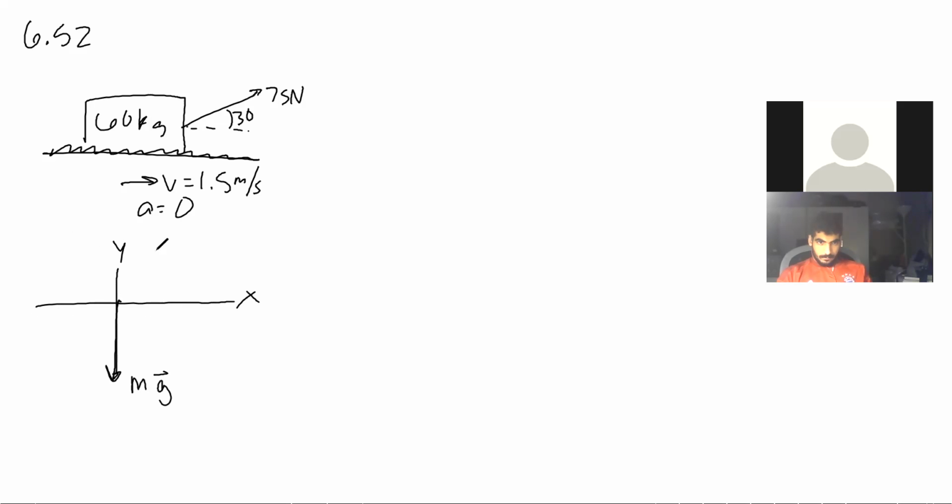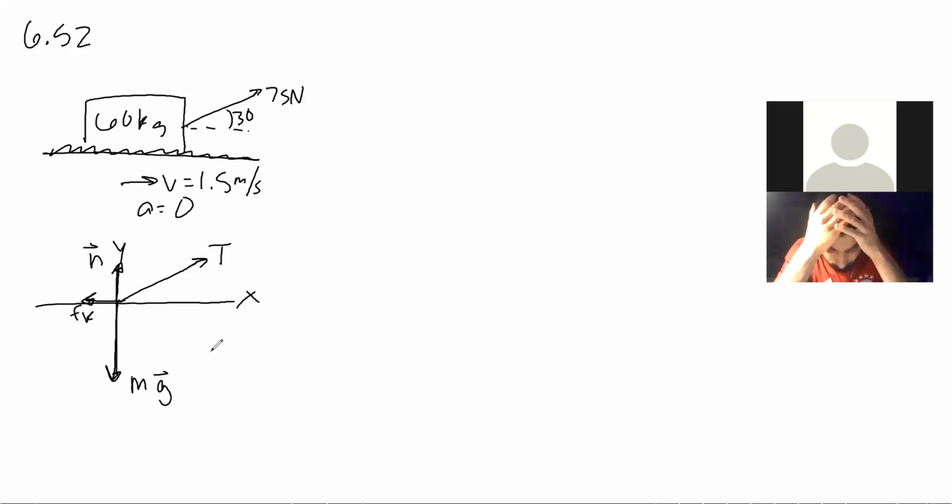We have an upward pull, which we call tension T. Now, the normal force is going to be smaller than mg because there's an upward tension, and that smaller normal force will give us a friction force that points backwards.